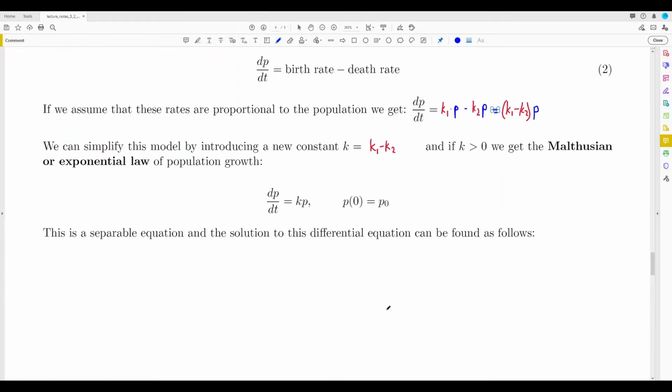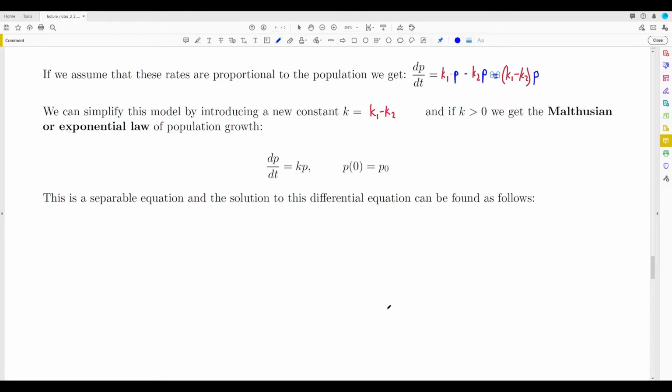Now, this is a separable equation, and the solution to this differential equation can be found as follows. We start out by multiplying both sides times dt, and then we get dP equals kP times dt. And now we can divide by P on both sides, and then we get 1 over P dP equals k dt.